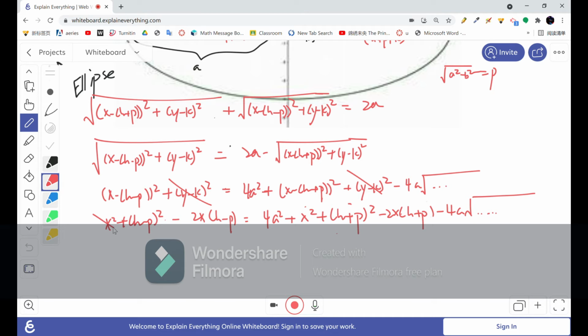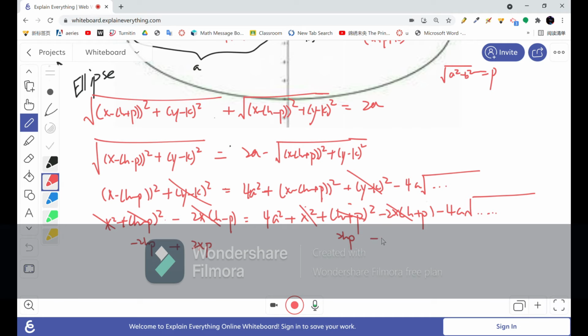We want to make things cancel out. These two cancel out, and since h squared plus p squared cancels out, we're left with 2hp terms, and so we have 2xp.